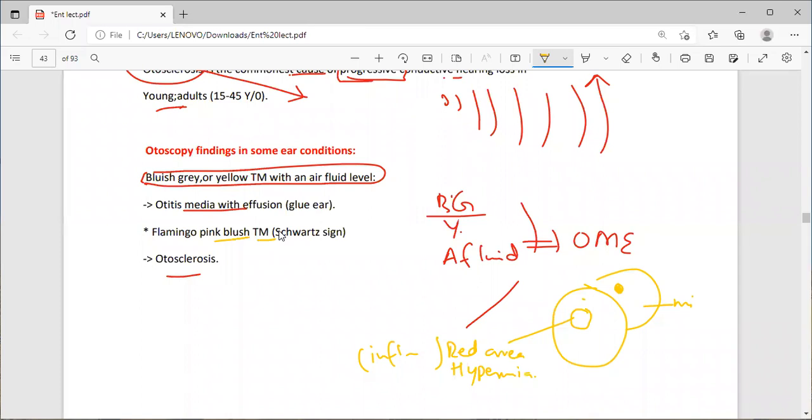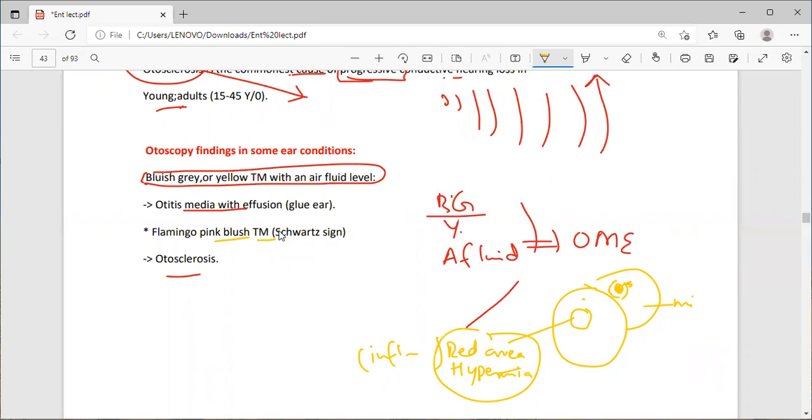So what is this? Otosclerosis in the stapes leads to hyperemia of the promontory. The promontory is visible through the tympanic membrane. So that red hyperemia will tell you that there is otosclerosis going on in the stapes.